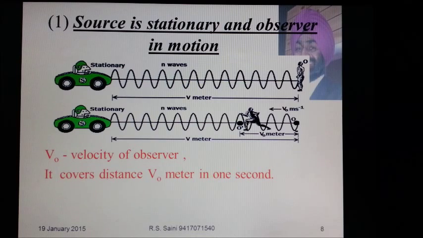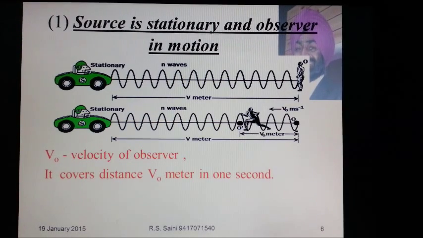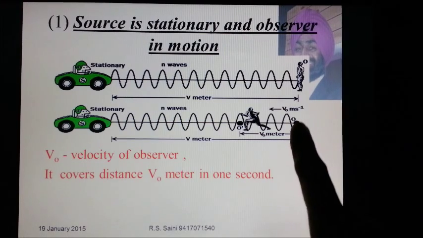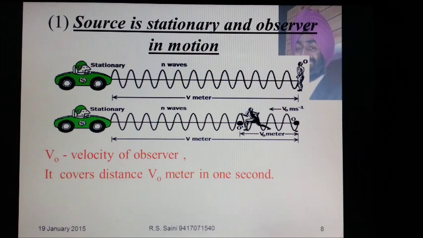If the observer keeps stationary, then he hears only n waves per second. But in the second case, the observer has also moved through some distance. So this distance is covered by the observer in 1 second. So the observer is able to hear this many more waves in 1 second.